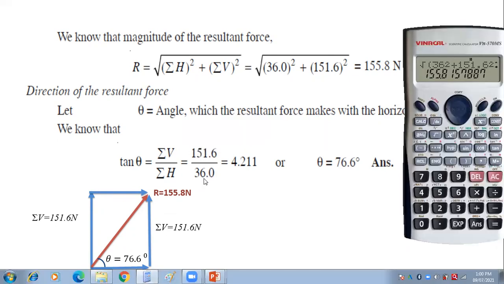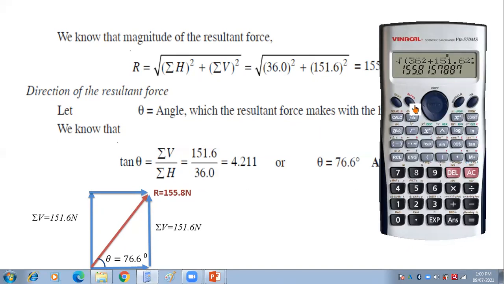Now put this value and you will be getting the answer. Now we have to find out the theta. That's why we have to take the tan inverse. Tan inverse of 151.6 divided by 36.